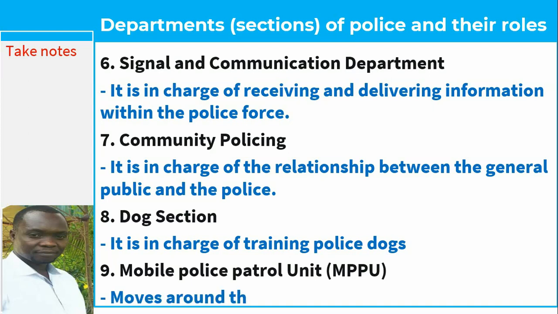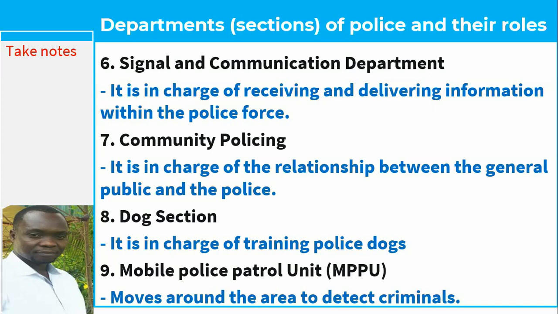These are the special group of the police that move around different areas at night, even during day, to detect criminals. Our word has come now, criminals. We said it is a noun, a name given to those who commit crime. So we call them criminals.